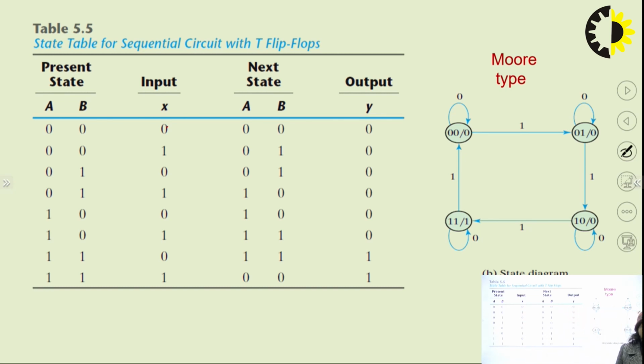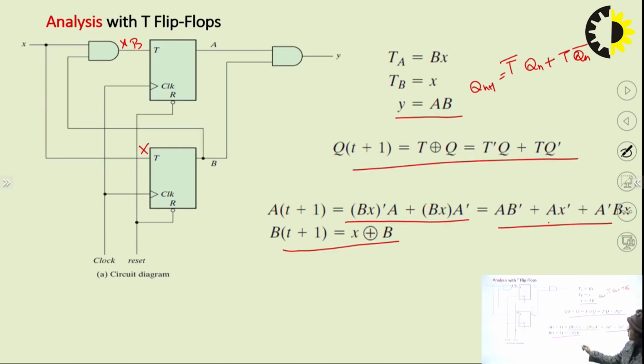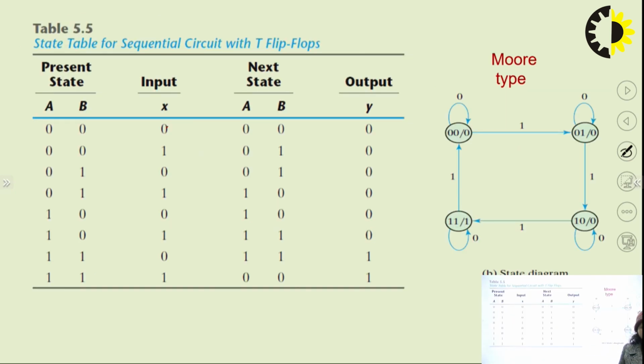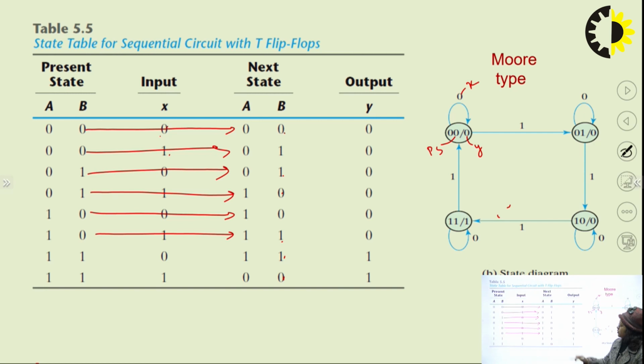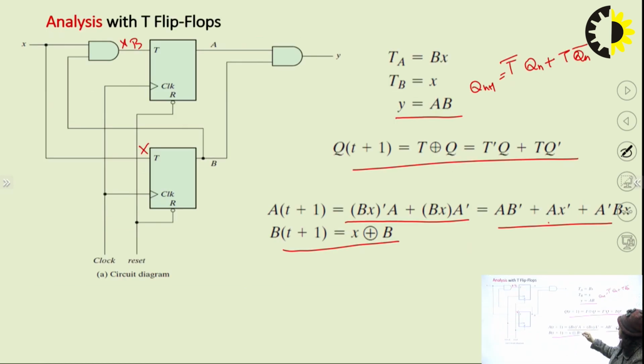And for these combinations, using the equations A(t+1), B(t+1) and Y, we calculate the values of next state and output. So we have calculated the next state equations and formulated this table.